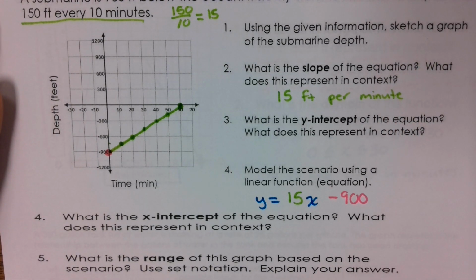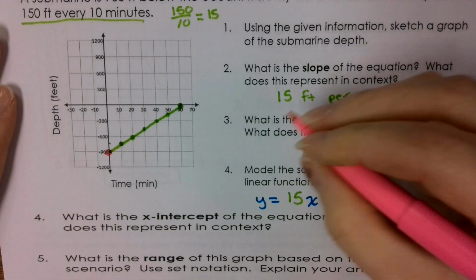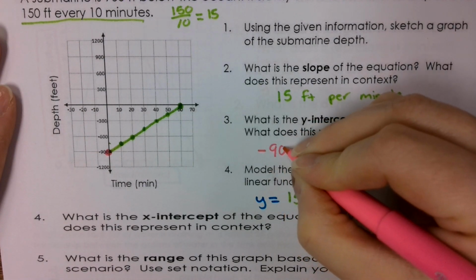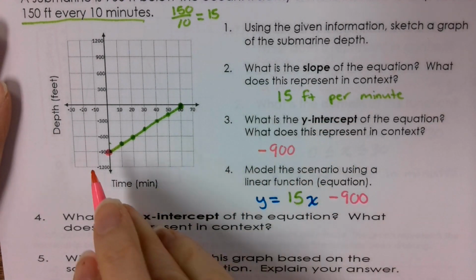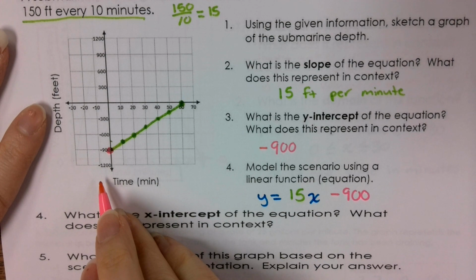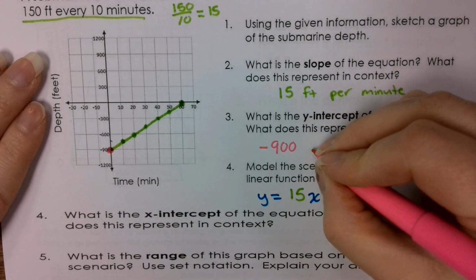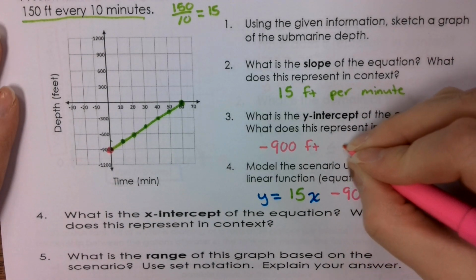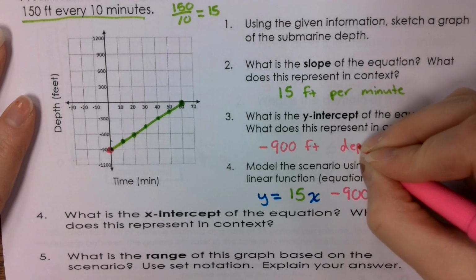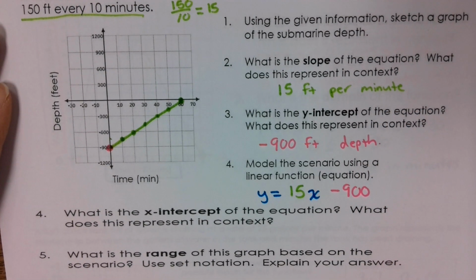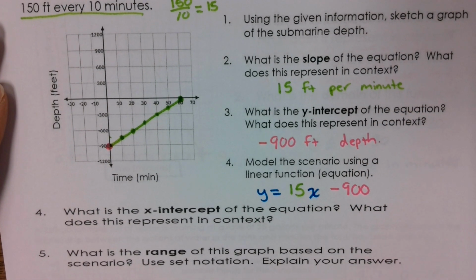The y-intercept is that negative 900. That represents the depth at the beginning. It's negative 900 feet for your depth at the very beginning of the submarine's trek.